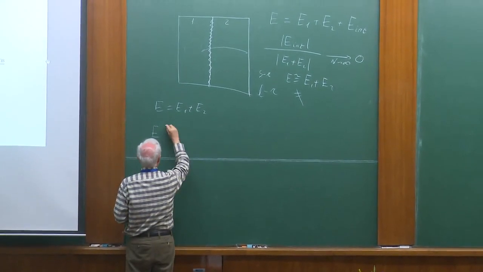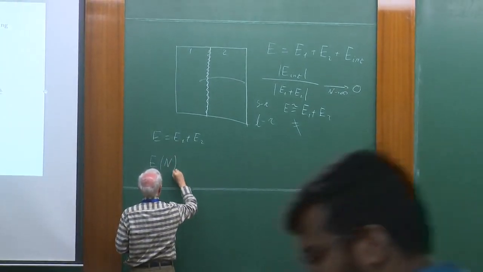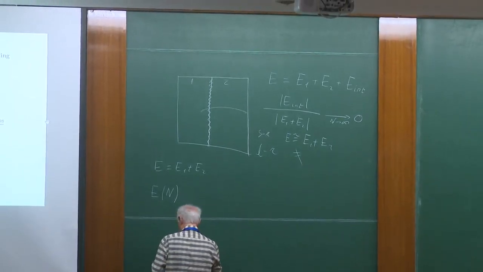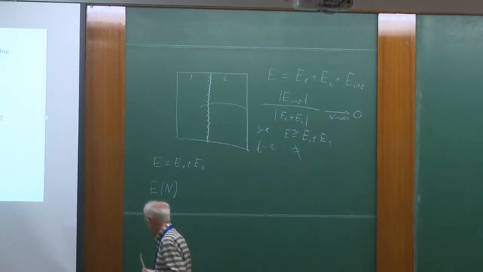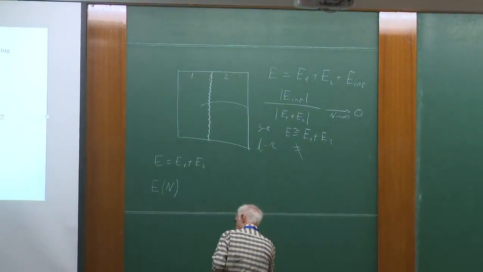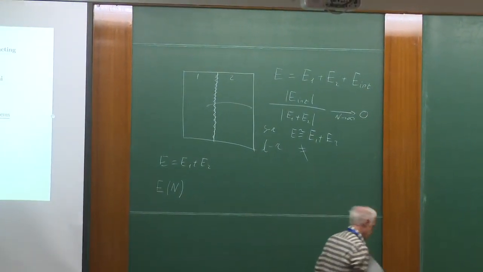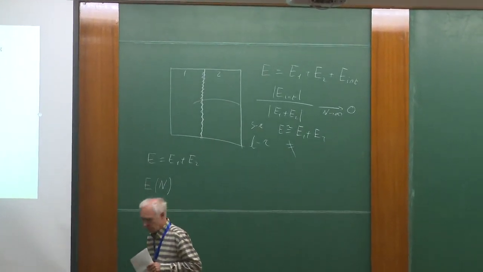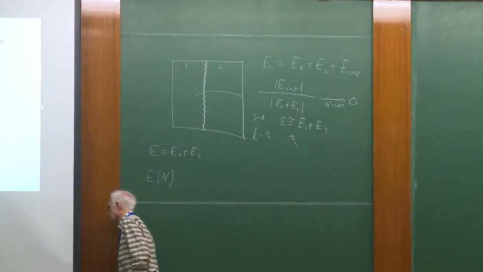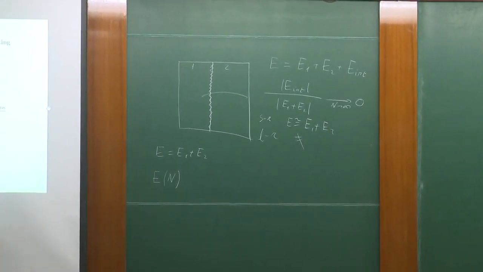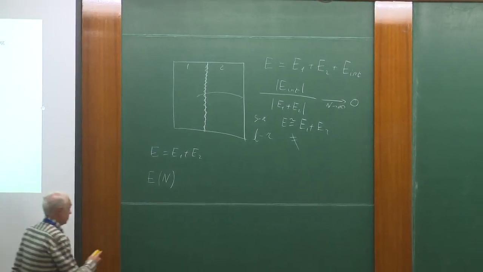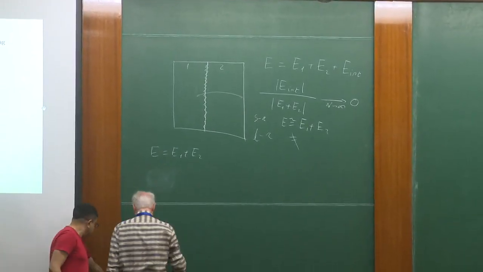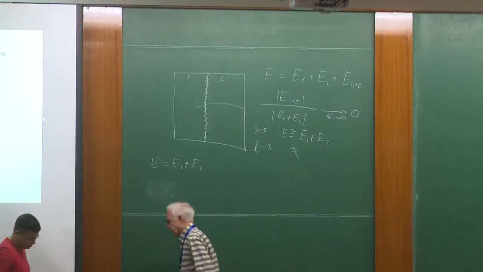if you take the energy of an N-particle system, first let me write the energy as a function of what are called the natural variables.